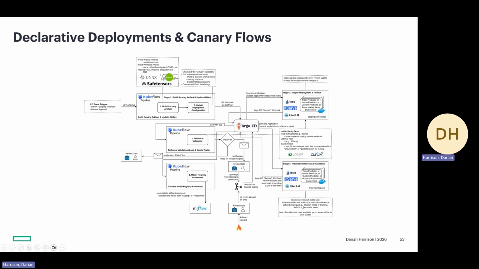So I just outlined here that Istio is going to be the network traffic layer. KServe handles the production rollout based on the strategy we already discussed, like blue-green or canary deployment. LiteLLM is the model router, as we discussed earlier, the gateway, the proxy. And that's pretty much it. Now, what happens if you need to roll back?